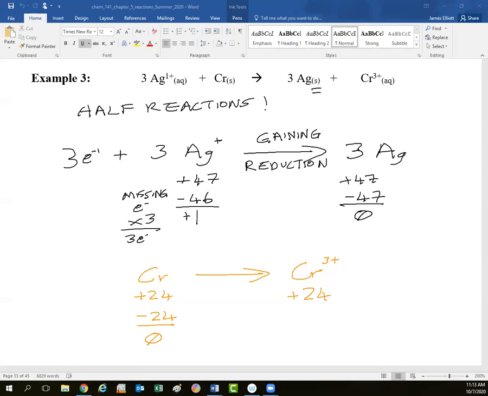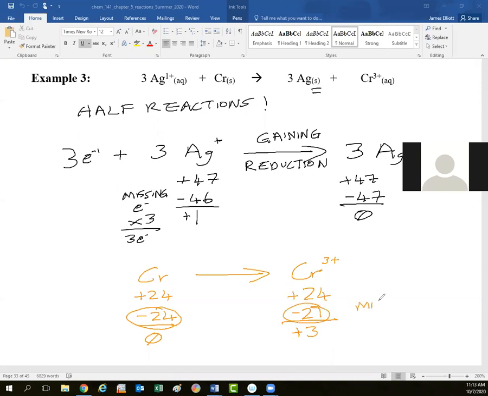Still 24 positively charged protons. But with that charge of 3+, the only way that happens is when there's just 21 electrons. 24 minus 21 gives us the 3+. So this chromium started with 24 electrons, but finished with just 21.